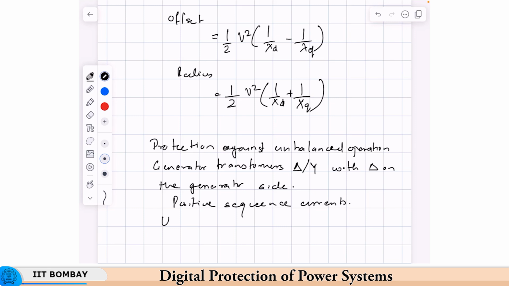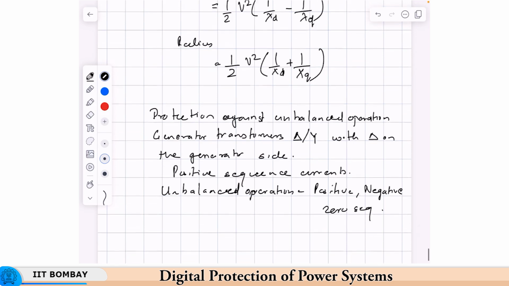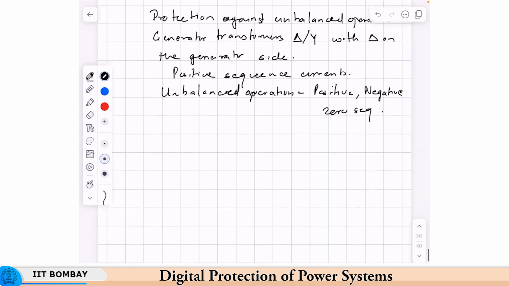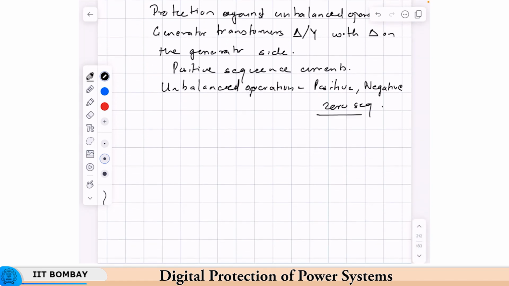But when you have unbalanced operation, you have all components: positive, negative and zero sequence. Now, with this delta, the zero sequence currents are trapped in the limbs of the delta. So, only positive and negative sequence current will be observed on the generator side.